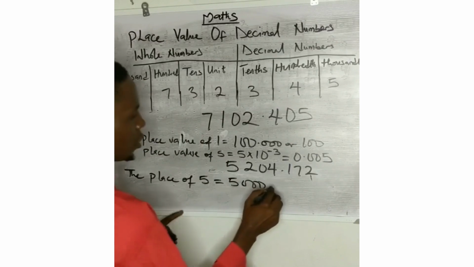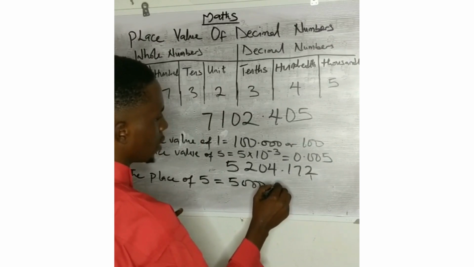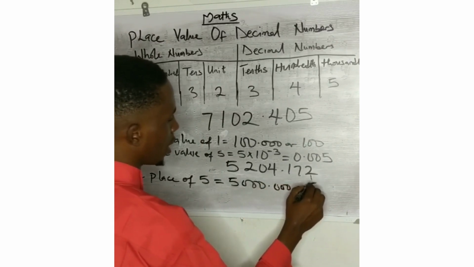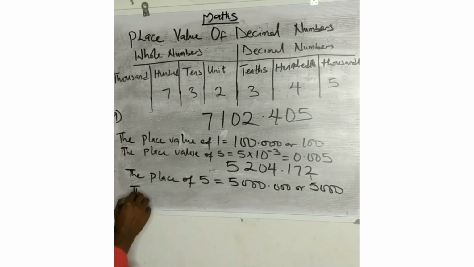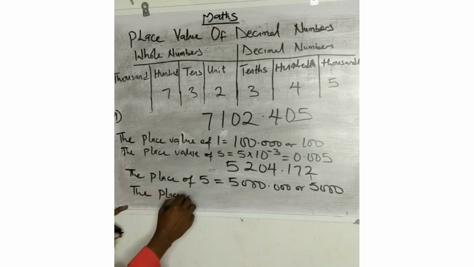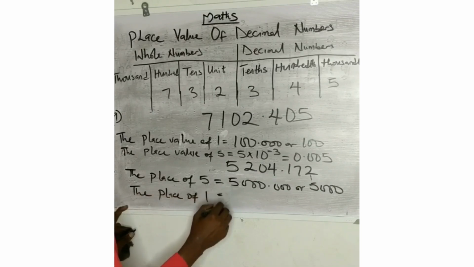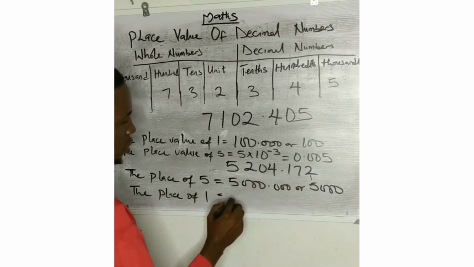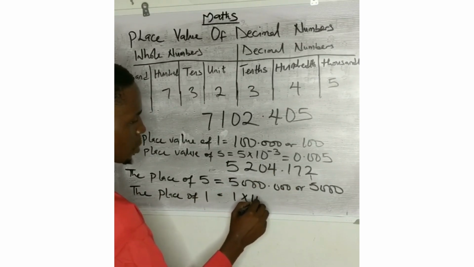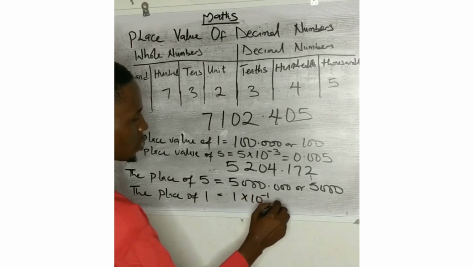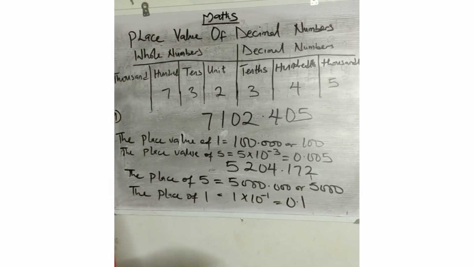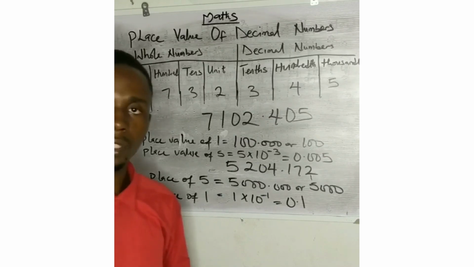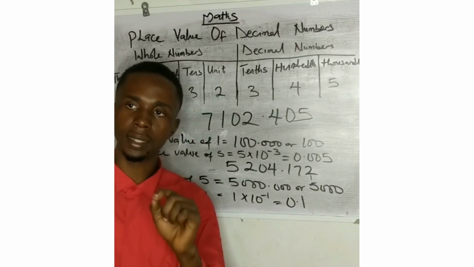Or you write 5,000.000, or you write 5,000. Then when we talk about the place value of 1, we have 1 times 10 raised to the power minus 1. This is going to give us 0.1.